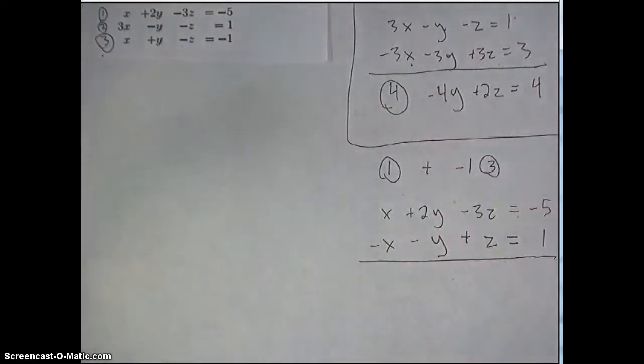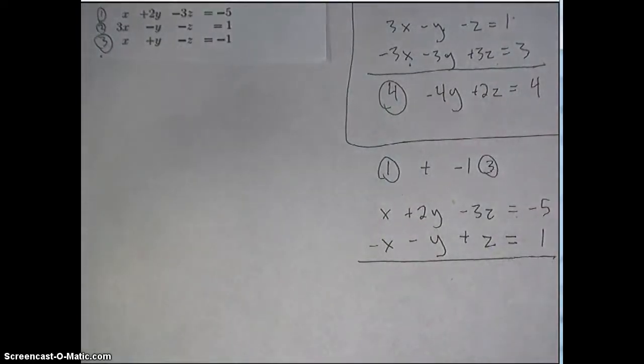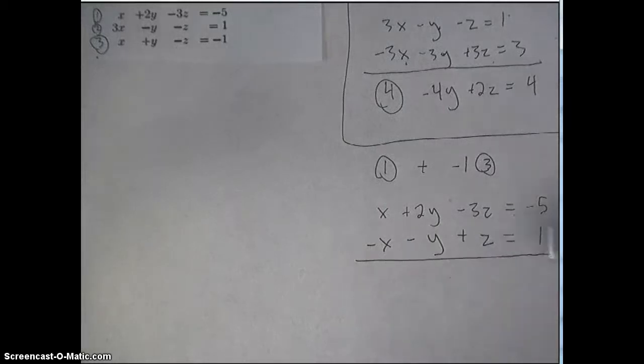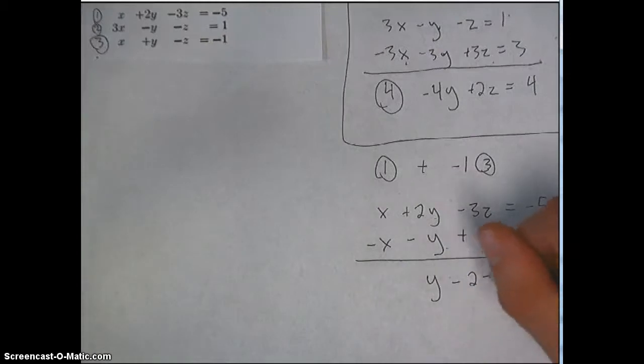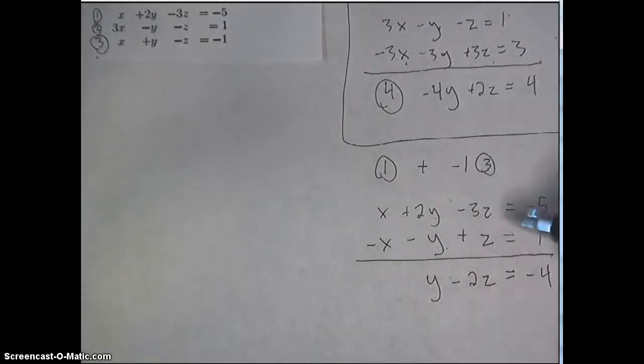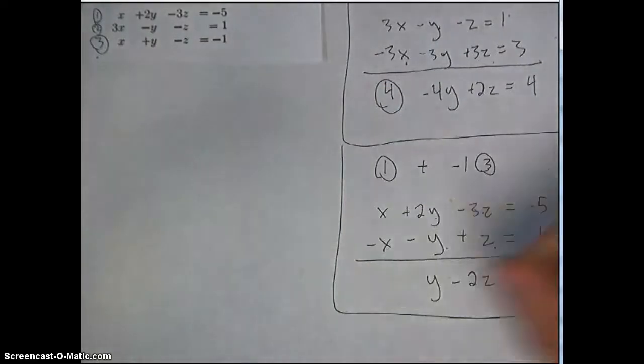I'm going to add those up. x minus x is just 0. 2y minus y is y, minus 2z equals -4, because -3z plus z is -2z, and -5 plus 1 is -4. I'm going to call this equation 5.